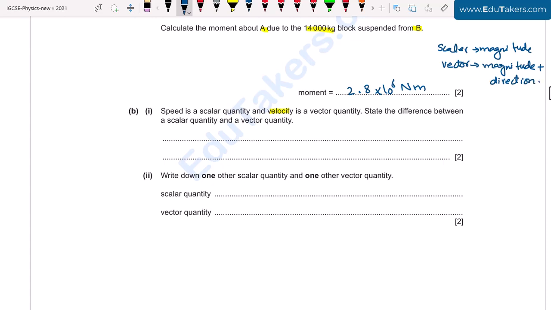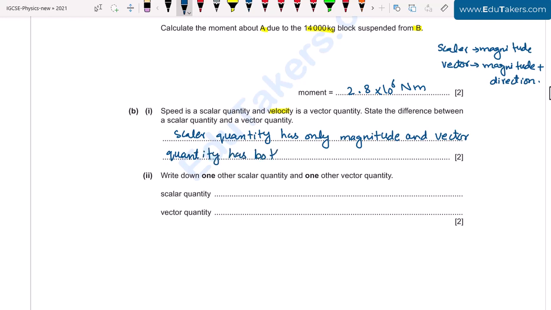So I write here, scalar quantity has only magnitude and vector quantity has both magnitude and direction.